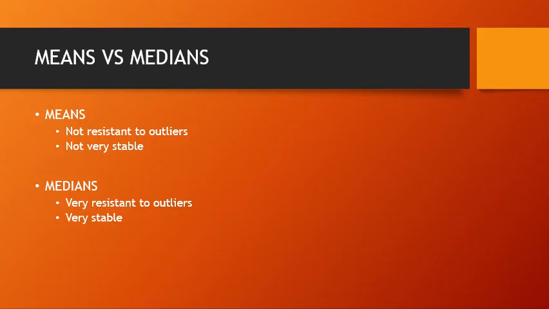Remember when we were talking about medians and we were going, wow, they're so resistant and stable to outliers, like if we had a whole data set and then a couple of extreme values. Here, let me show you something. Let's go back and use that example of the quiz.